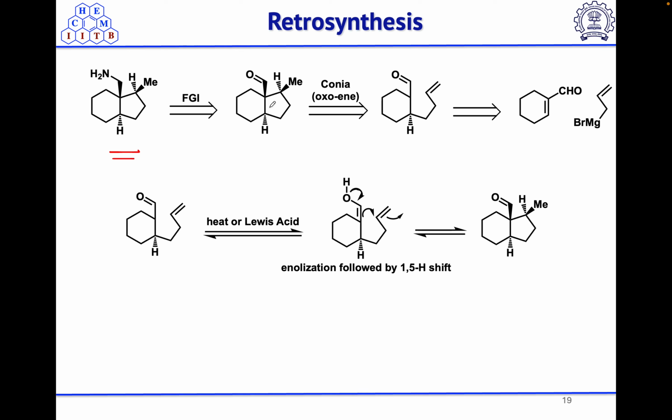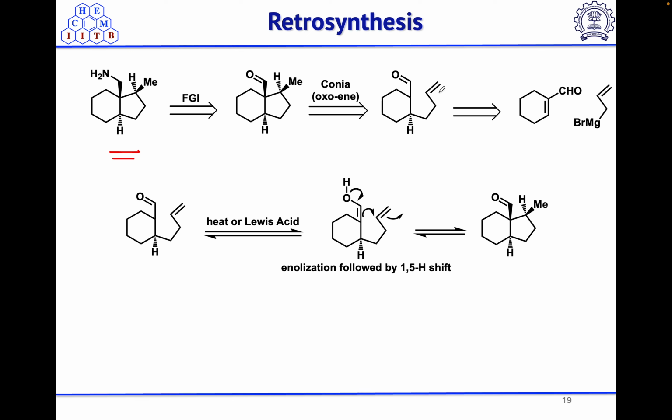Now how can we get this 6,5 fused ring? Basically this ring formation is a name reaction known as Conia-ene cyclization. If you treat with any Lewis acid like a copper salt, or under heating conditions, you will get this conversion.